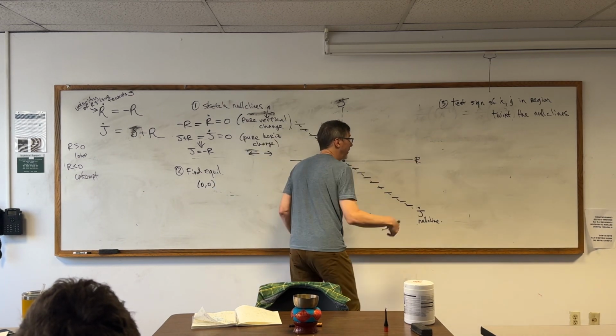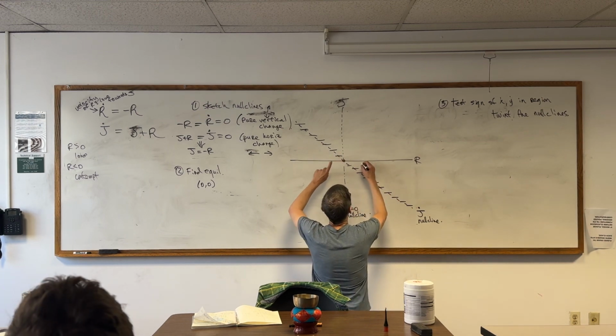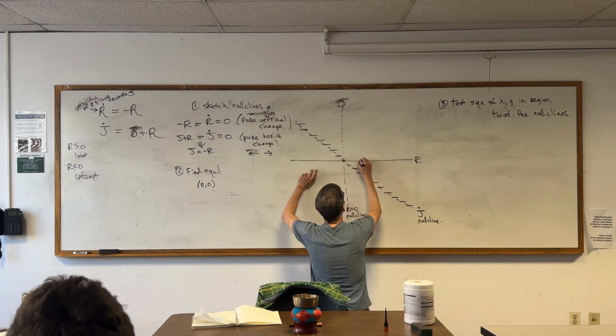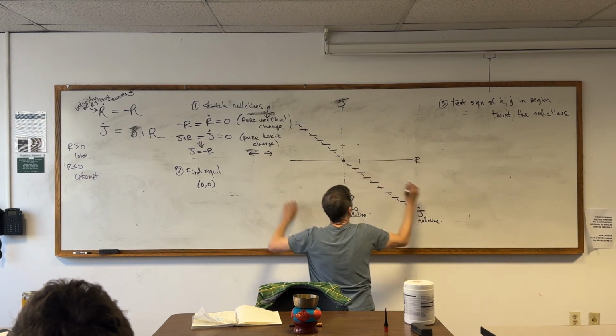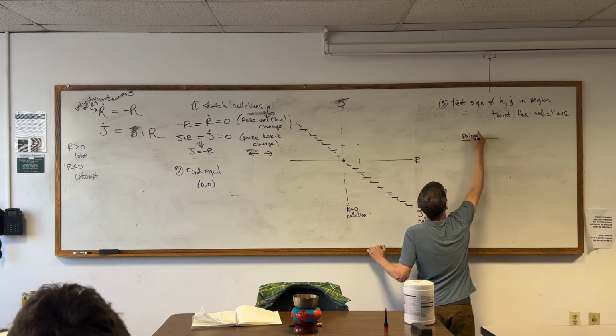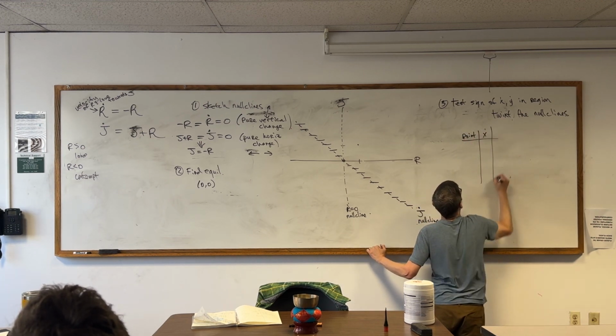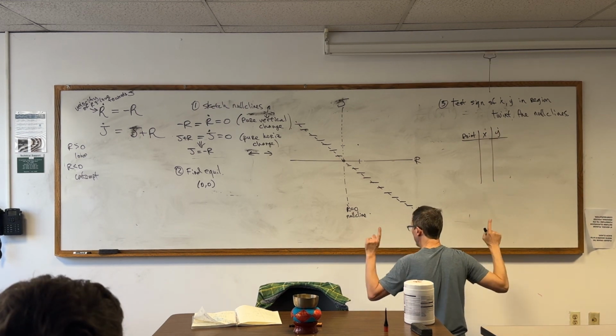So let's say, for example, here at R is 1 and J is 1, we'll make a little chart: point, x dot, and y dot. All I care about is positivity or negativity of this.